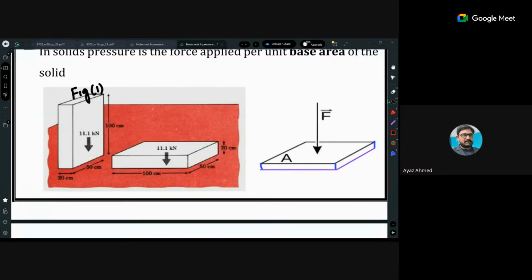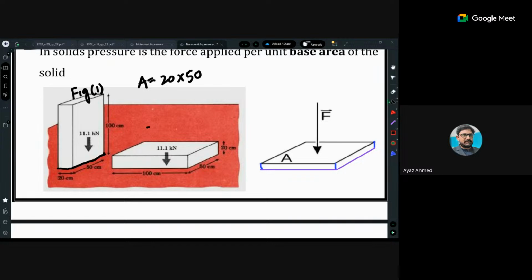The weight is acting on this much area. When I say this area is 20 centimeter into 50 centimeter, what is the area? Area is 20 times 50, right?